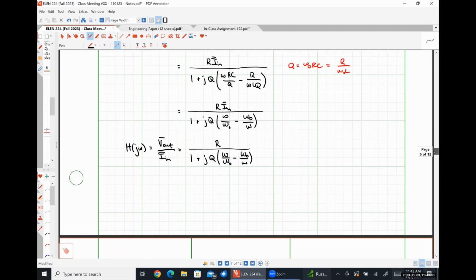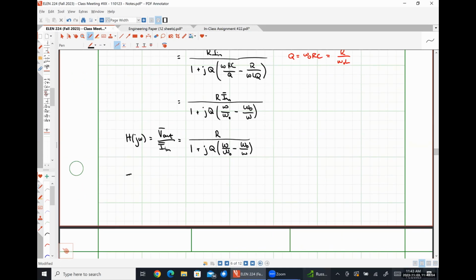Sorry, I scrolled too far there. The magnitude of H of j omega is then going to be R divided by the square root of 1 plus Q squared times omega over omega naught minus omega naught over omega, quantity squared.